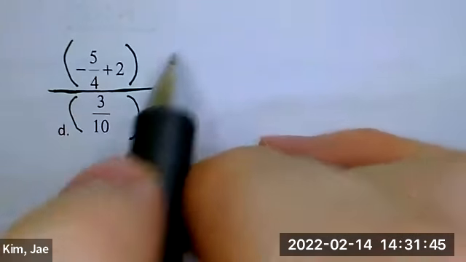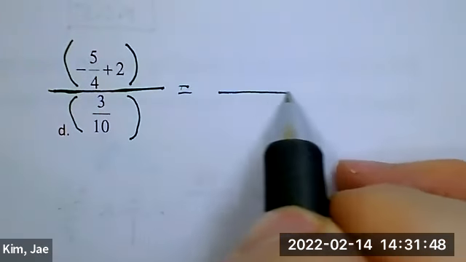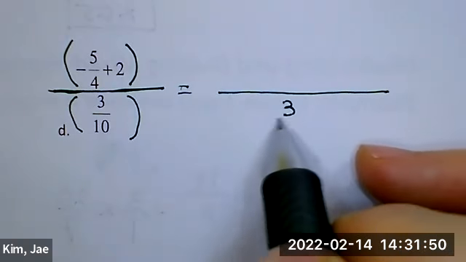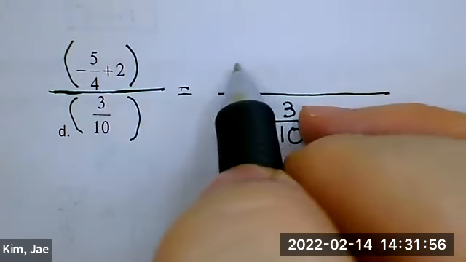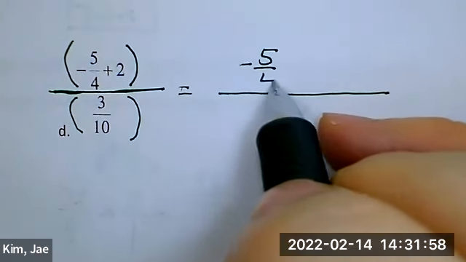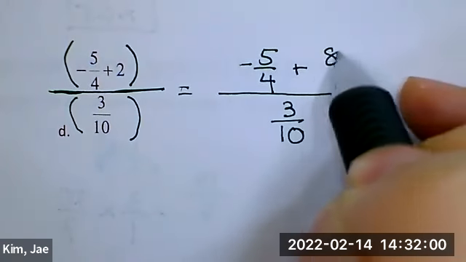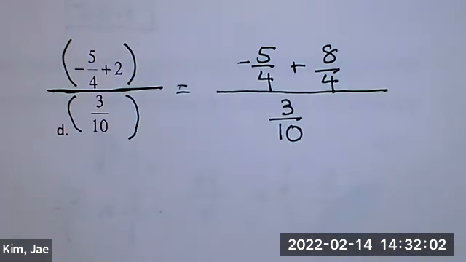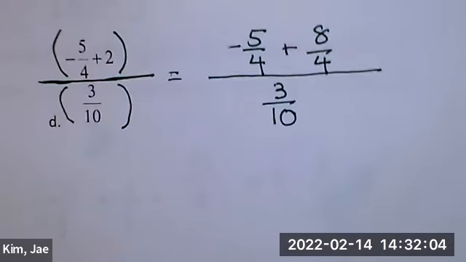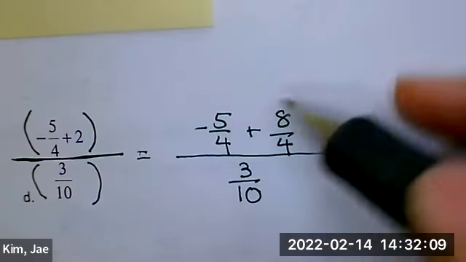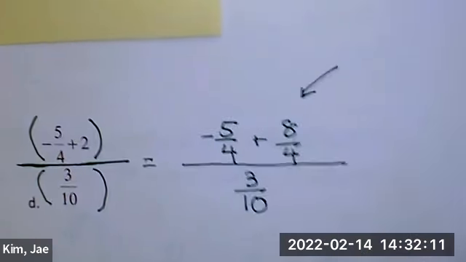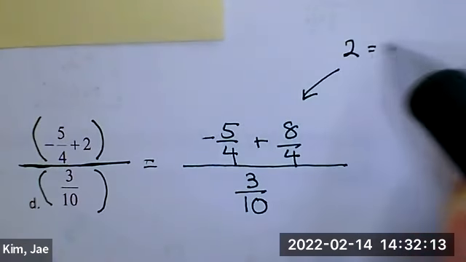So here's what I'll do. Let's solve the top. Let's solve the numerator. Okay, I made the number 2 equal a fraction 8/4. And as a note, 2 is the same as 2/1.